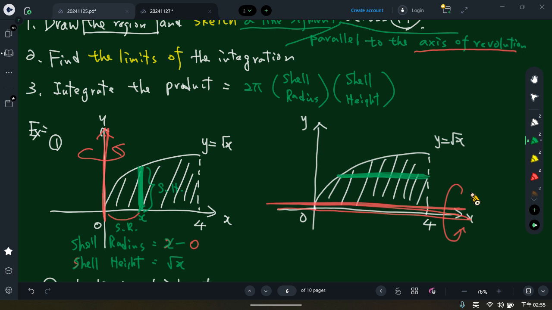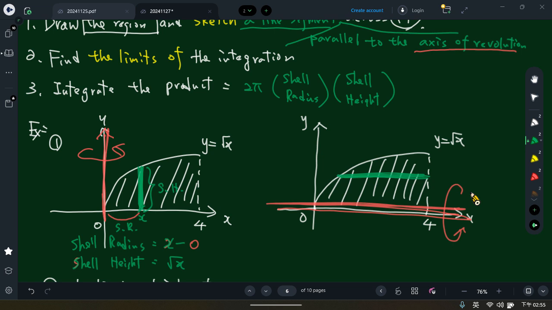So it's easy to distinguish which method you want to use. If you want to use washer method, just make the segment perpendicular to the rotation axis. If you want to use shear method, remember the line segment should be parallel to the axis of revolution.